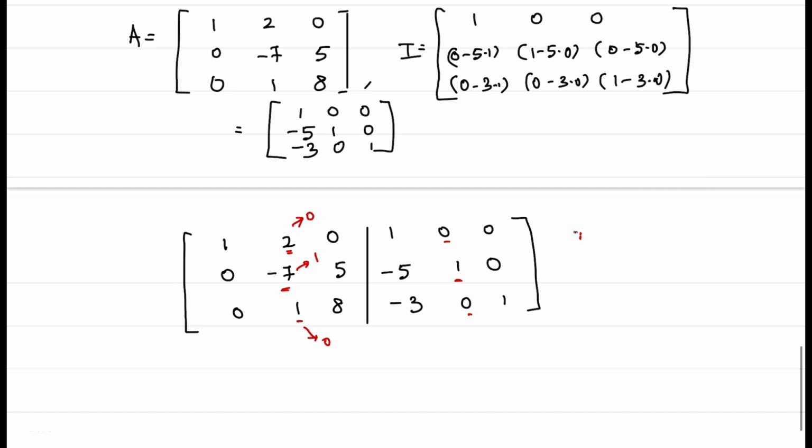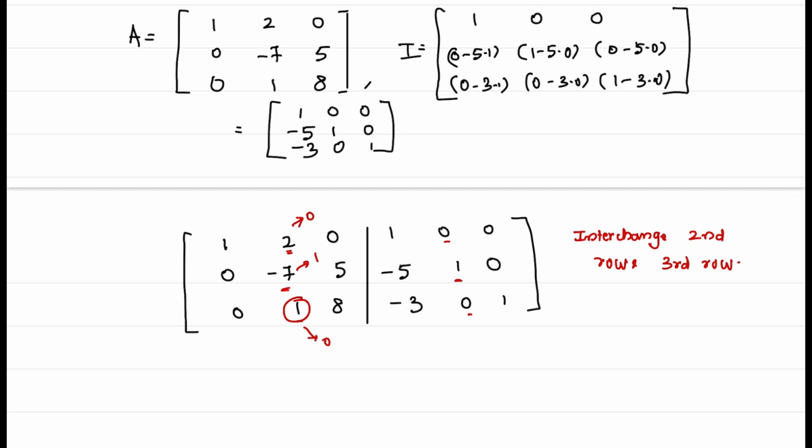One interchange is allowed. We interchange the second row and third row, because 1 is already available here. Instead of making minus 7 into 1, we will shift this 1 to here.